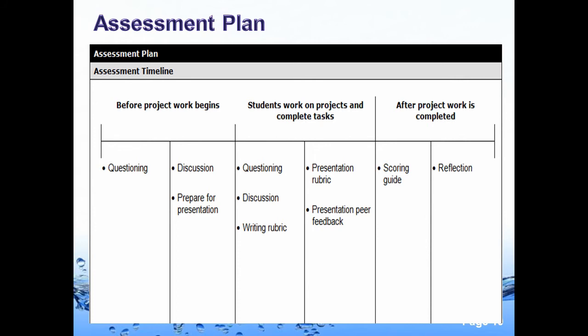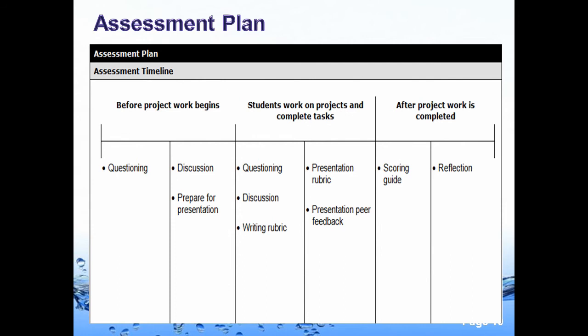To assess student work, I use the writing or presentation rubric to evaluate student understanding, acquirement, and application capacity, and the peer feedback form to record feedback and assist in improving their project.